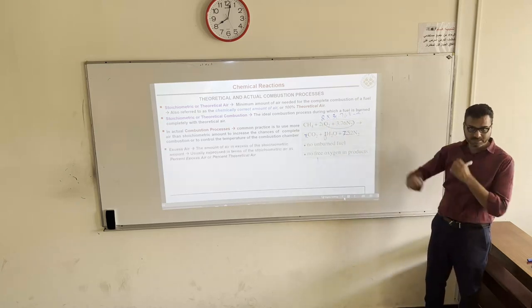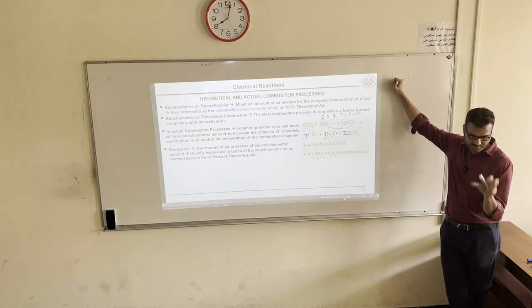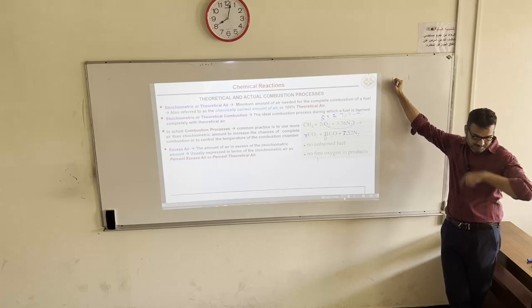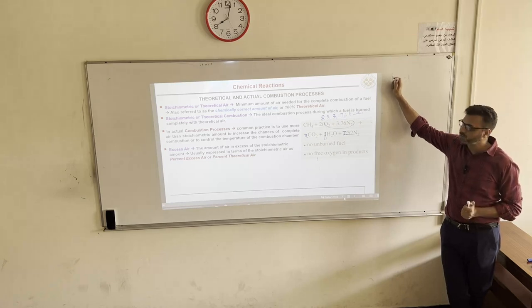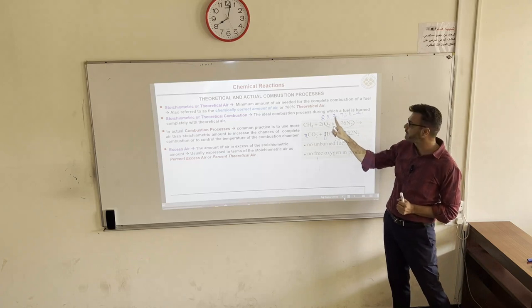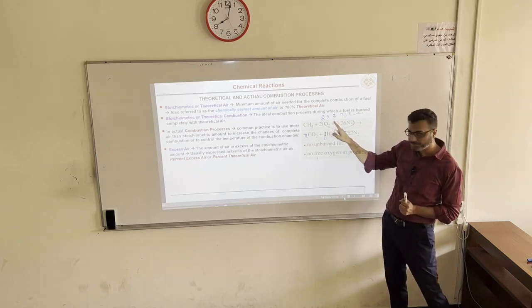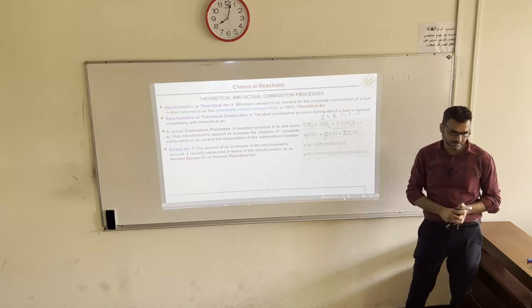If you remember in the previous chapter on the gas turbine cycle, we sent excess air so that a part of it would burn and the remaining would act as a coolant. This is called 100% theoretical air, but if I send 50% more, I will say 150% theoretical air.